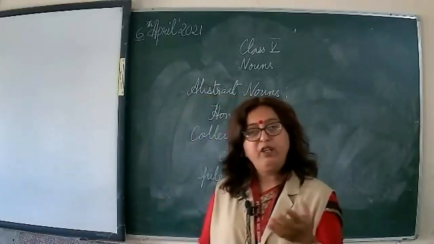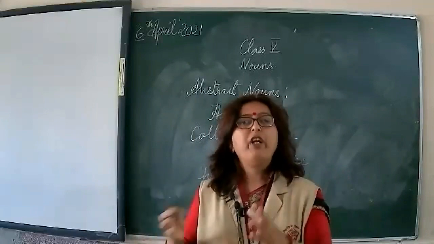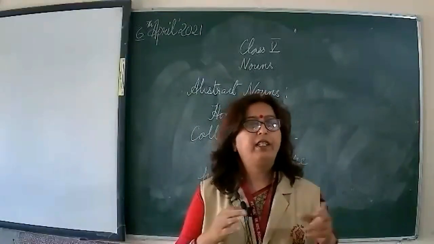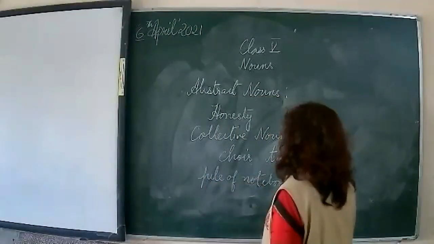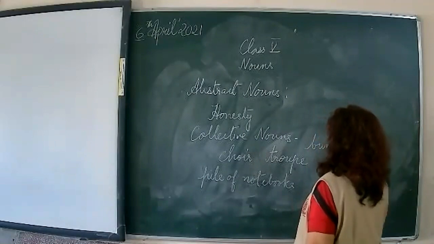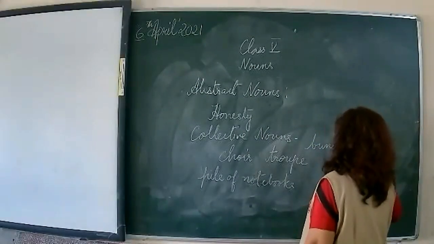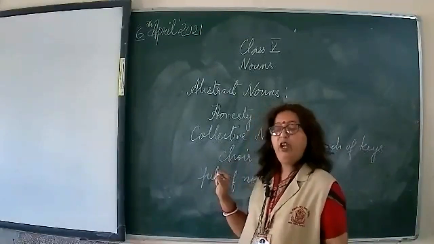You must have seen in many houses, the keys of the different rooms or different cupboards and almirahs and these things are put together, and that is called a bunch of keys. A bunch of keys. Understood?